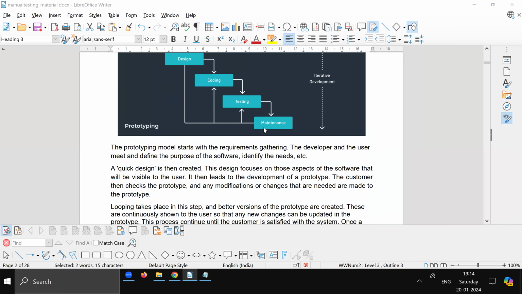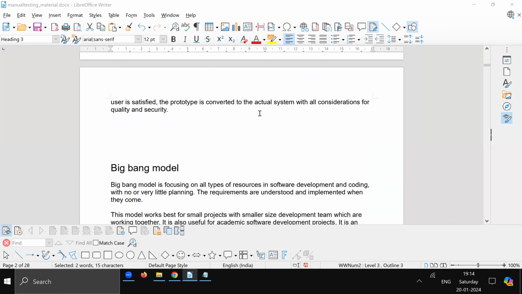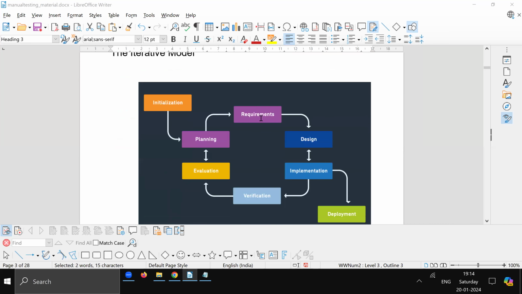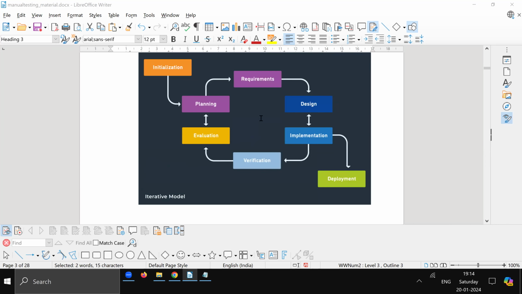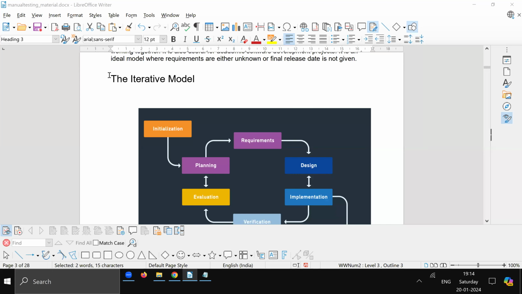Well, I'll come to the prototyping model later on. Look at this one. There is another type of SDLC model called the iterative model. This iterative model is best suited for product-based companies.